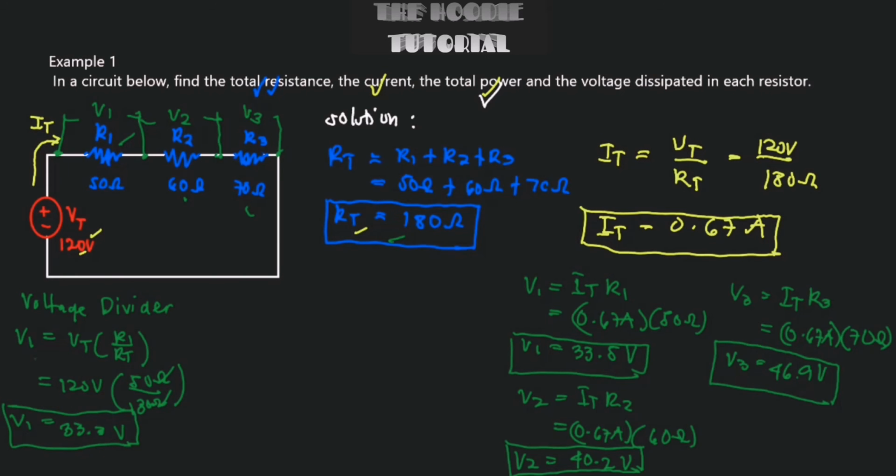For V2, that is the same: VT multiplied by R2 divided by the total resistance. Substituting the values, 120 volts multiplied by R2 of 60 ohms, divided by RT of 180 ohms. The ohms cancel, and putting that into a calculator, we would have a V2 of 40 volts.